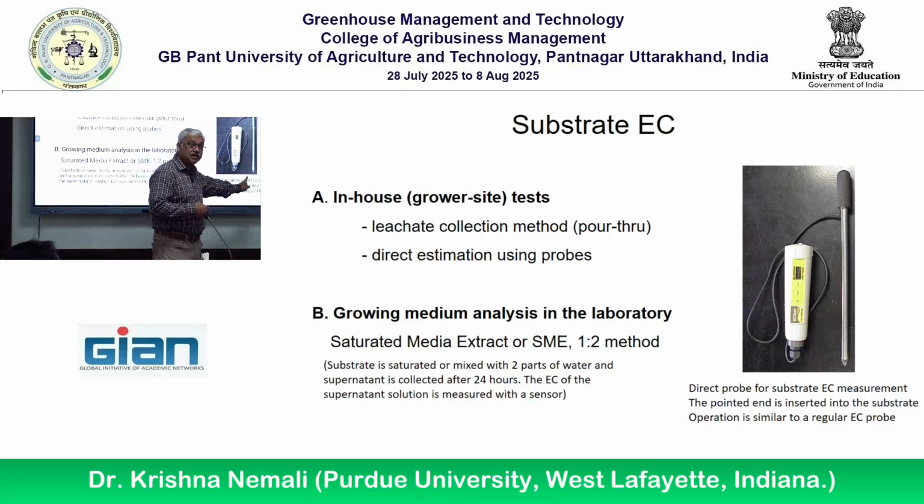So bulk EC, the advantage is very quick. You insert the probe and you get a number, but that number is generally going to be slightly less than what is actually there in the pores, because the solution in the pores has higher EC, whereas the air and substrate are going to lower that number slightly. That's the reason why the bulk EC is slightly less than what is exactly there in the pore solution.